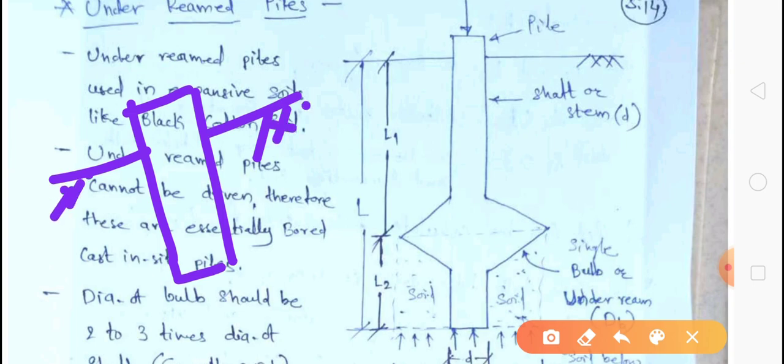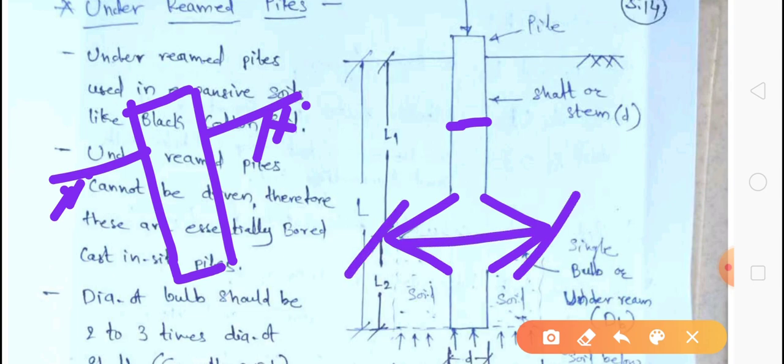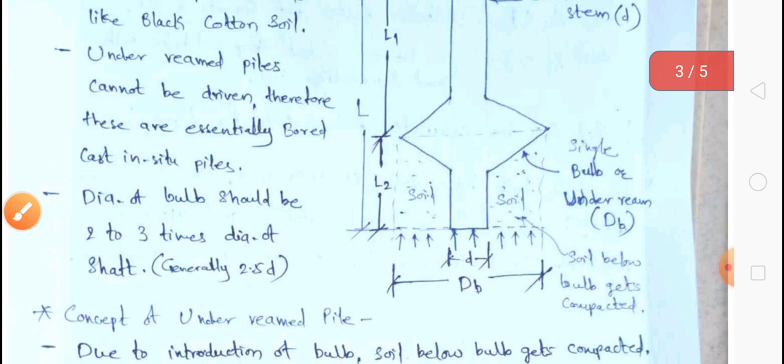Now in the diagram you can see there is an extra diameter at a particular level provided. So extra diameter or enlarged diameter. Here d is the diameter of the pile, and this enlarged diameter you can call dB.